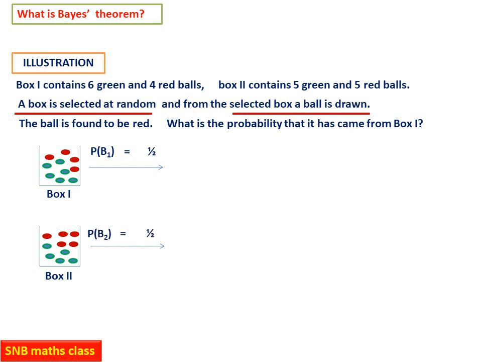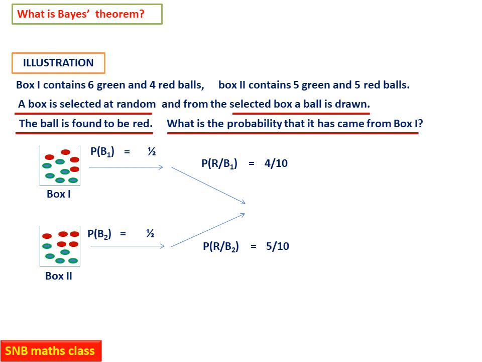All these are identical. From the selected box, a ball is drawn. So once again, it can be probability of R given B1 if it is a red ball from box 1, and the second one is probability of R given B2 if it is from the second box. You have done this much for the total probability theorem also.